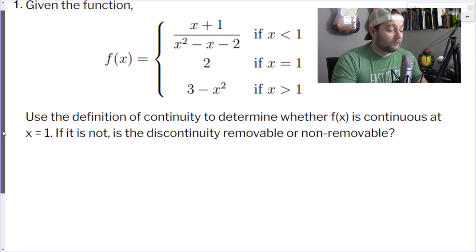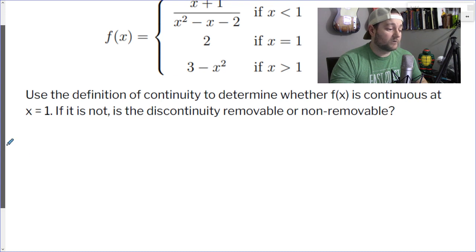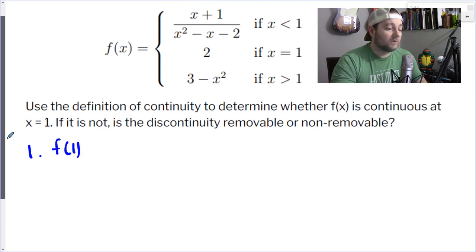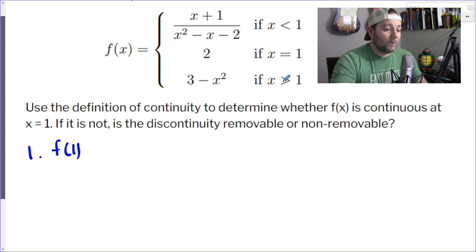We'll do the definition, and this is how I start all these questions: I start with literally writing down number 1. The first part is, does f of 1 exist? A in this case is our 1. So we literally have to find it. We go to our piecewise function and look for where we have x equals 1.